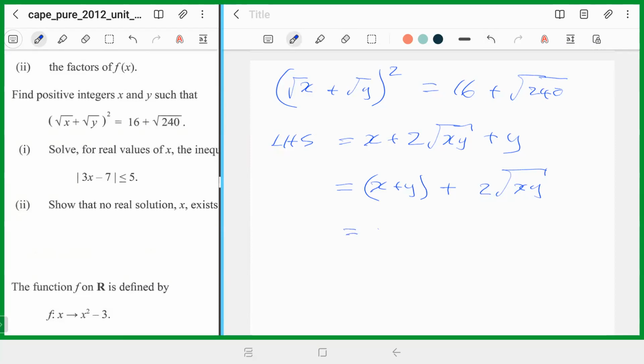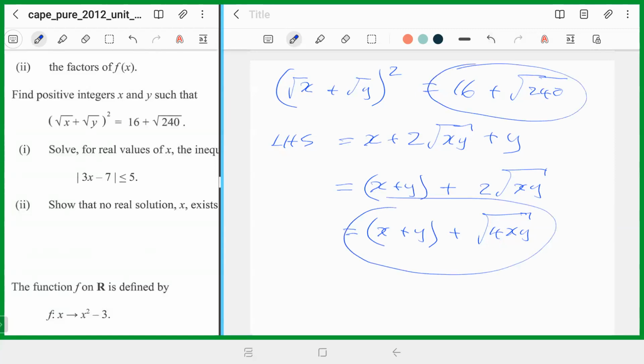So I'm going to write x plus y plus root 4xy. See that? Well, root 4 is 2, so I write the 2 as root 4, because I'm trying to make this look like that in the expanded form.